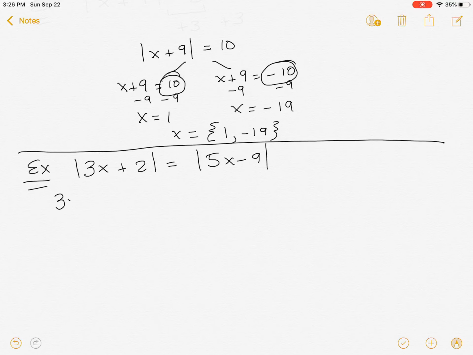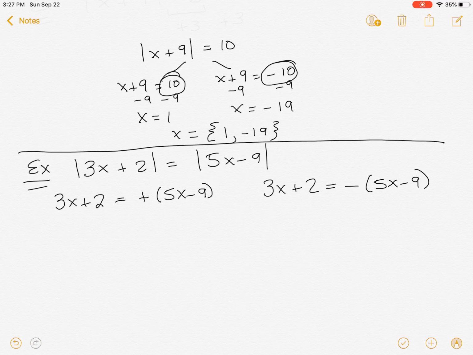We take the absolute value, and we set it equal to the positive of the number. Then we take the absolute value and set it equal to the negative of the number. So if I have that expression, it just comes out as the expression, 5x minus 9.